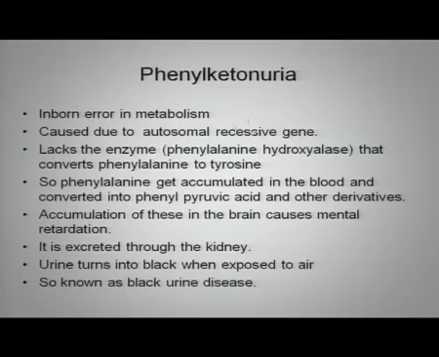So, due to the lack of this dominant, normal gene, the enzyme is not produced. The enzyme is phenylalanine hydroxylase, which is needed for the conversion of phenylalanine into tyrosine. So, what will happen is phenylalanine is accumulated in the bloodstream of such individuals and converted into so many derivatives, phenylpyruvic acid as well as so many other derivatives.